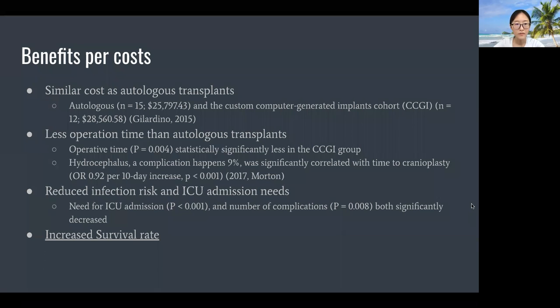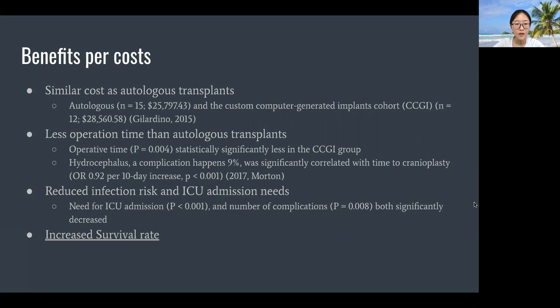As for the benefits per cost, based on our research, our design will cost relatively similar to the autologous implants, but it will have much less operation time than autologous transplants.